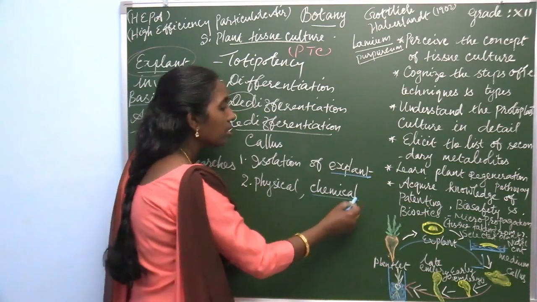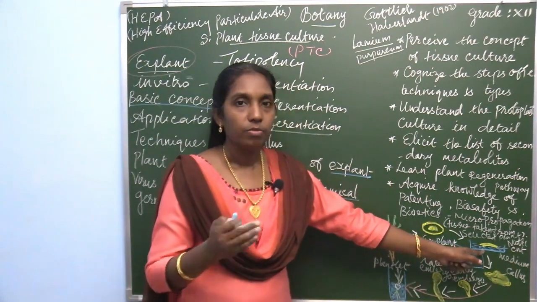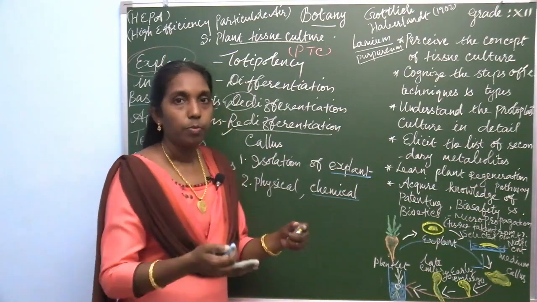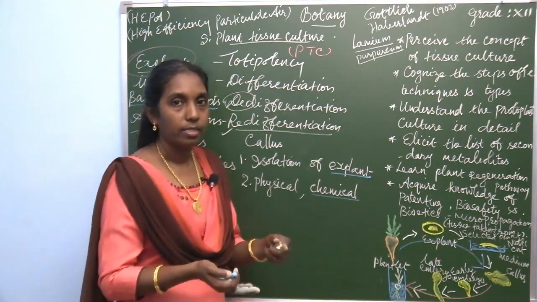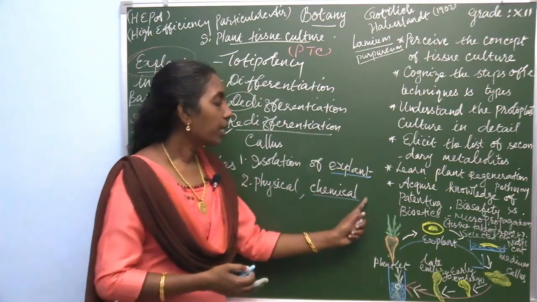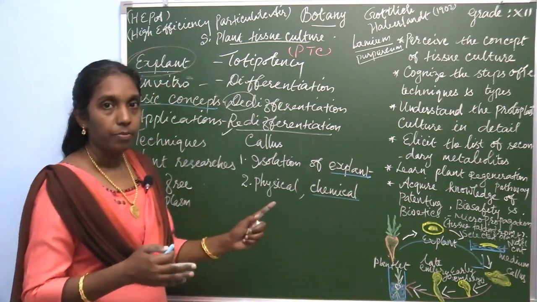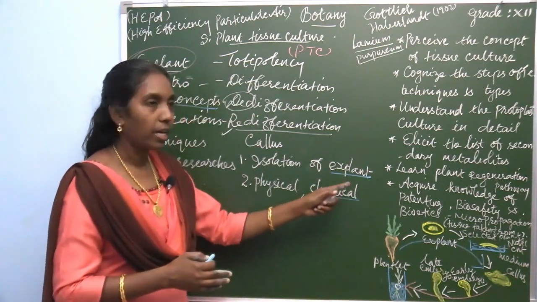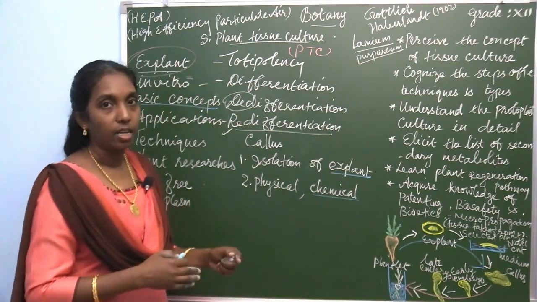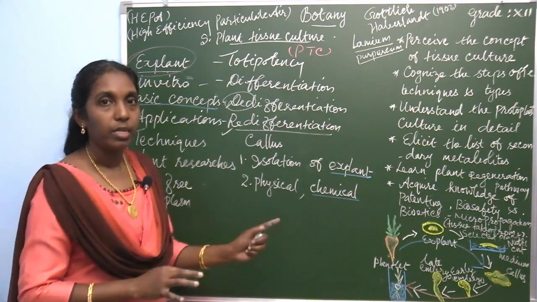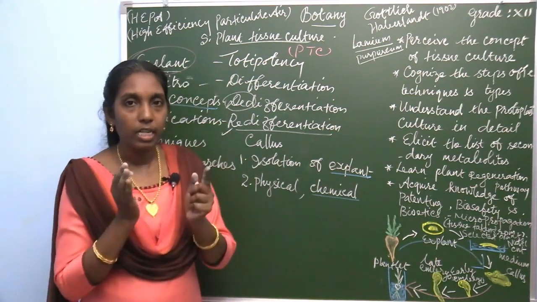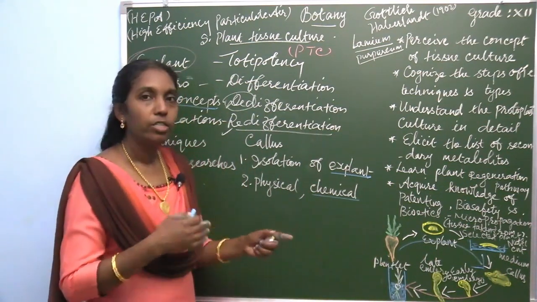Chemically, the nutrient medium provides nutrients, minerals, vitamins and plant growth hormones, provided alternately at the different stages. So chemical changes, chemically it can be provided. The explant is treated with chemical as well as physical conditions. Physically, it is grown in a controlled room, a controlled condition within the laboratory.